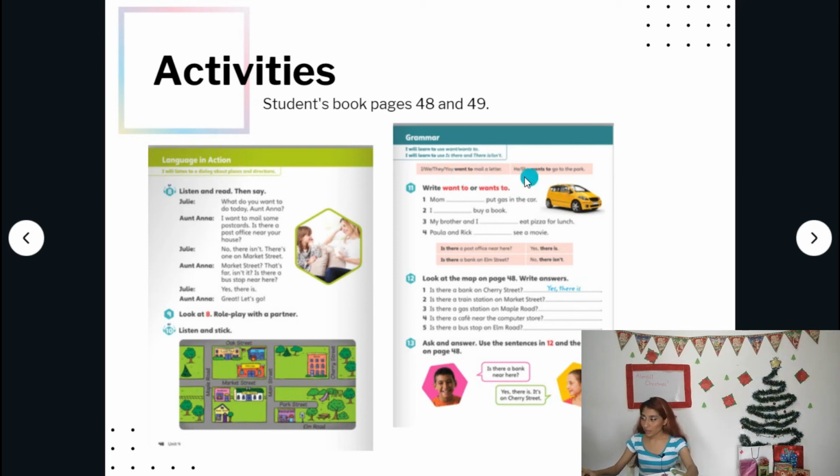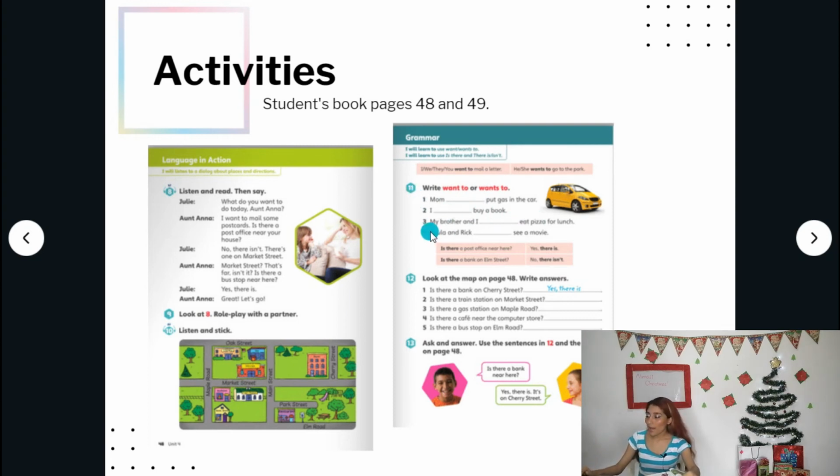He or she wants to go to the park. Okay, remember, this means that we are going to use wants to with he or she. We are going to use want to with I, we, they, and you. Now, activity 11 says, write want to or wants to. Number 1, Mom, blank, put gas in the car.